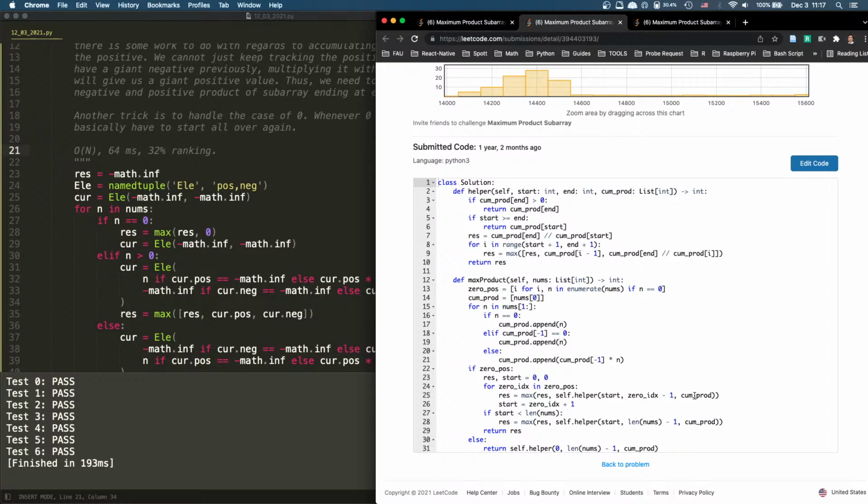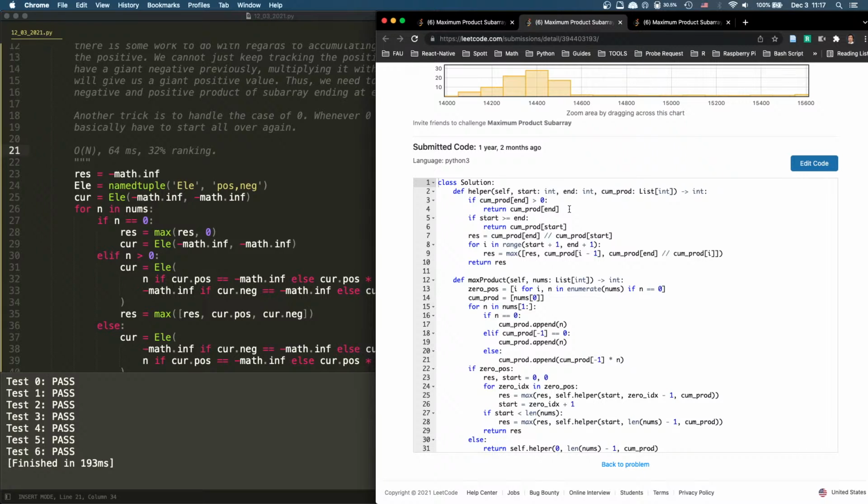Okay, so basically we're trying to compute, so we divide it into different sections. Right? Each section is split by zeros. And within each section, I'm going to compute the maximum. How do I do that? I say if this n larger than 0, we return the n. That is correct.